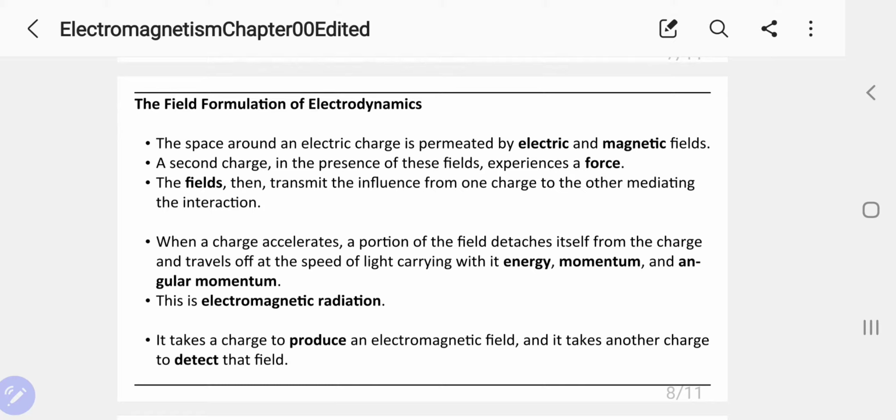Their particle counterpart are the photons. So it sums up to this: it takes a charge to produce an electromagnetic field, and it takes another charge to detect that field.